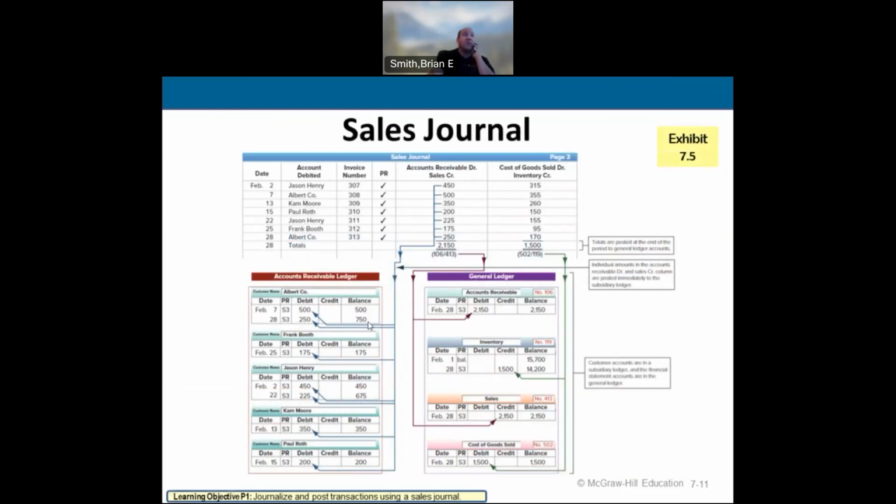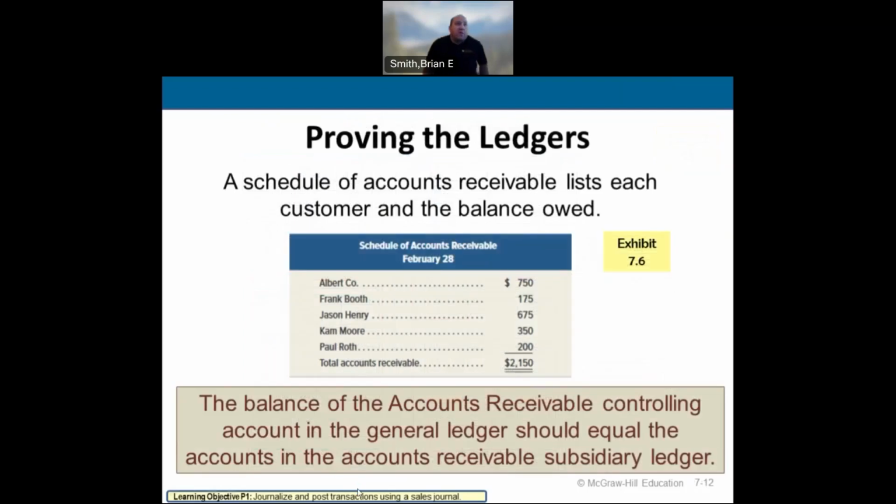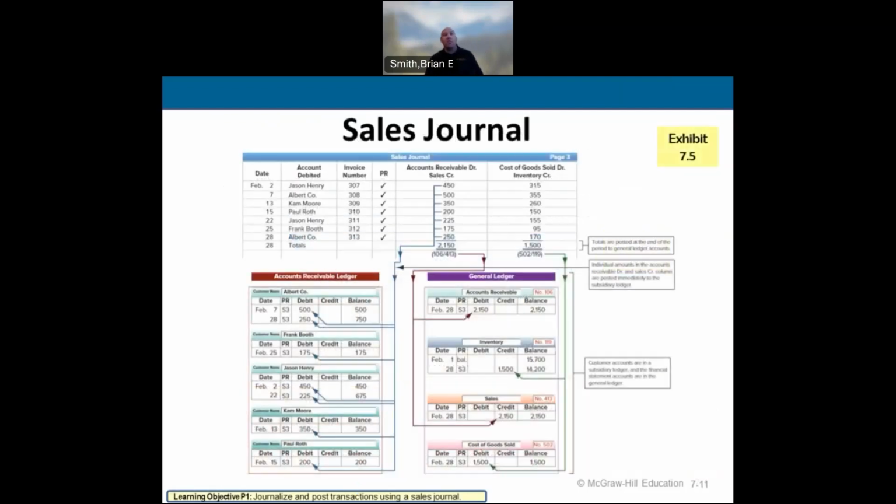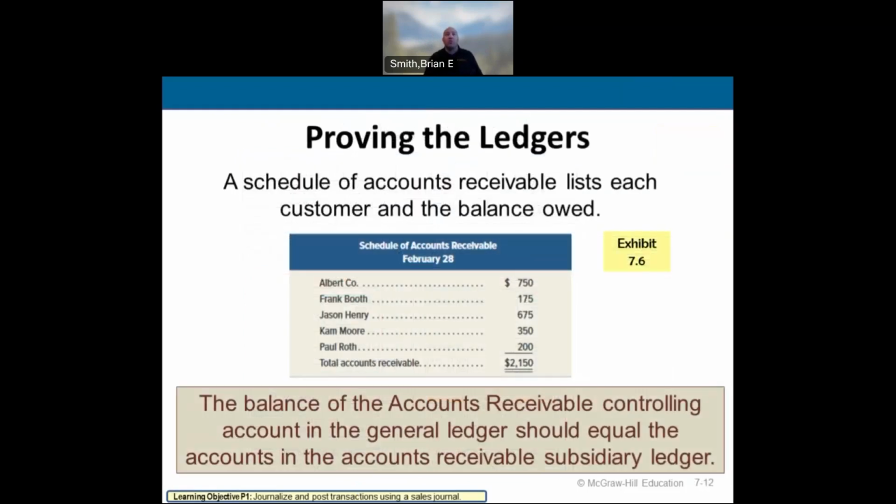Albert Company owes us 750. Frank Booth owes us 175, and so on. So what this is doing is showing you, hey, these are all the people that owe you the money, and that's the total. Well, okay, that's great. And we can come over here and see based on our sales, that's what's owed to us if we haven't received any payments. 2150. Look, 2150.